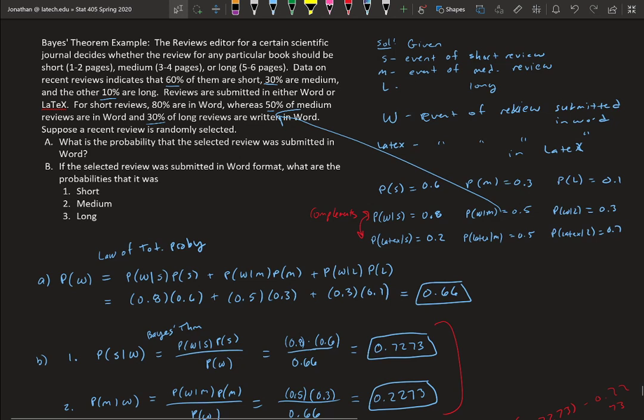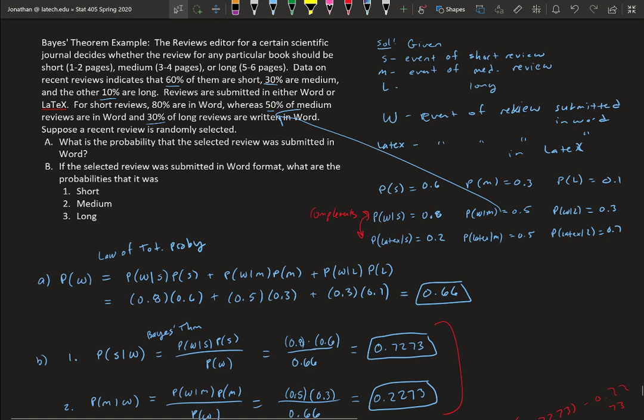Book problems are awesome. So what if short was 1 to 2, medium was 2 to 3, and long was 3 to 4? We'd have to have more information. I think we would have to know what portion are 2 pages, so what percentage is 2 pages, and then we would have the intersection of short and medium.